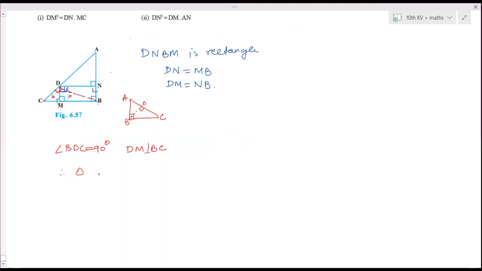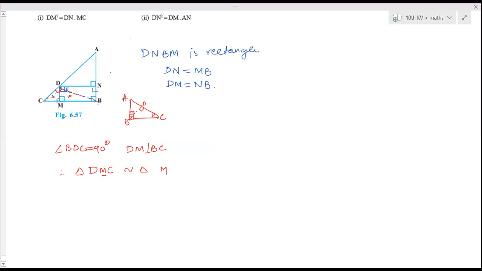So therefore, triangle DMC is similar to triangle BMD. Write the name of the triangle properly. M is 90, so in place of M, the other triangle's angle will be M only. M is the middle letter. Now here we always need, as I have already explained, this angle equal to the opposite angle on this side.